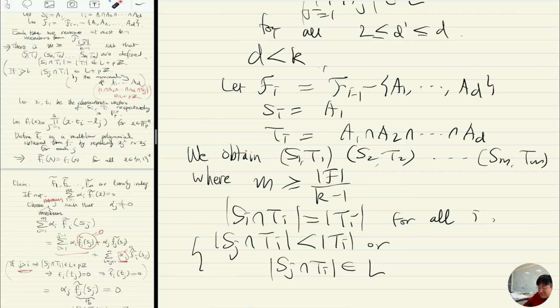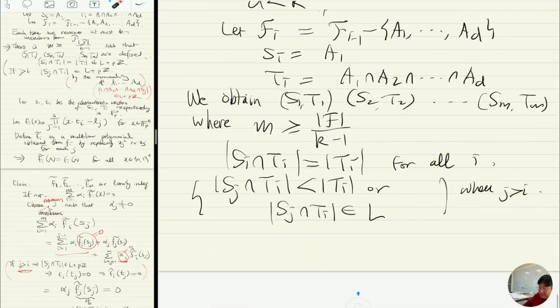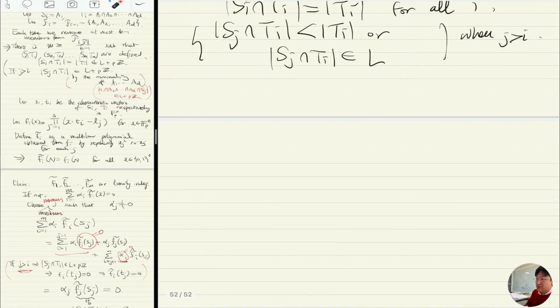The first case happens if T_i was chosen to be just the maximum size set. So this is when j is bigger than i. All right. Now let's construct the polynomials.